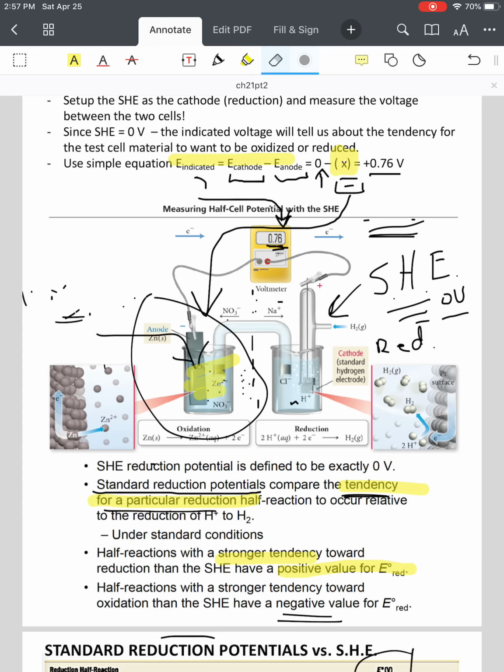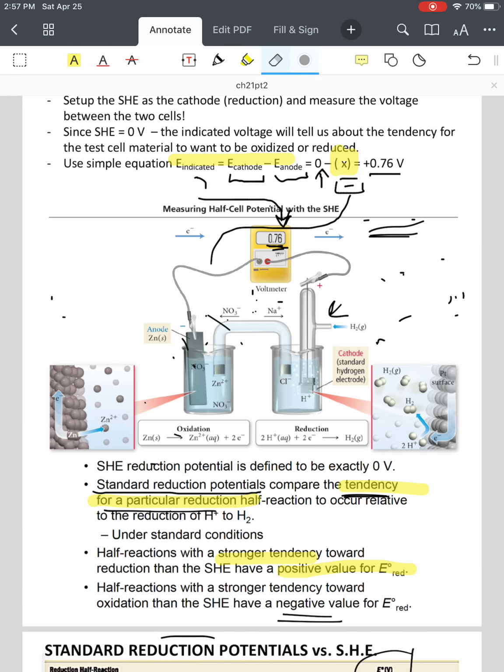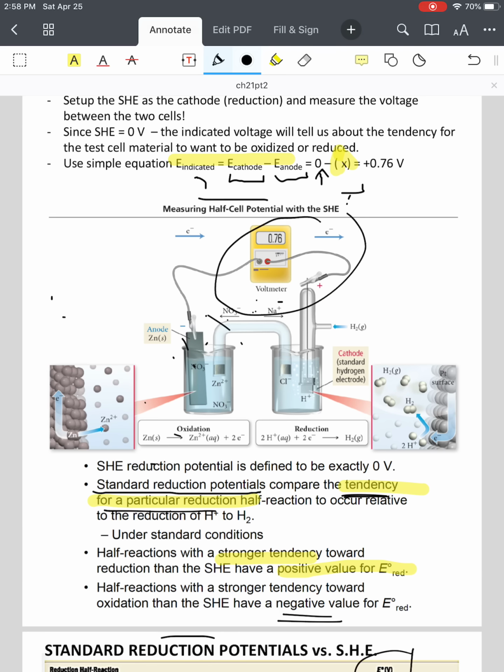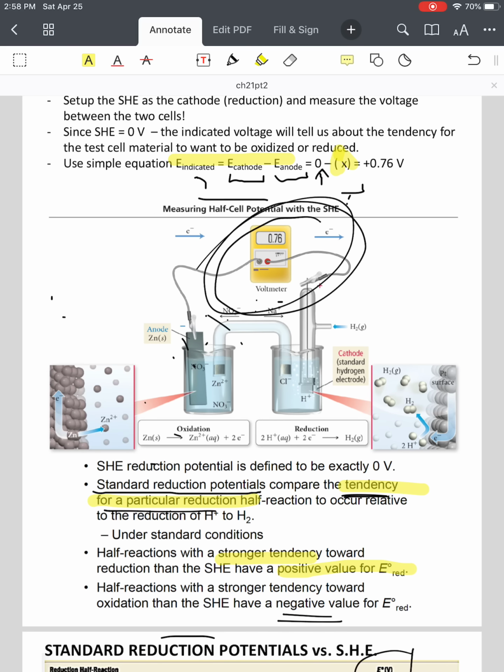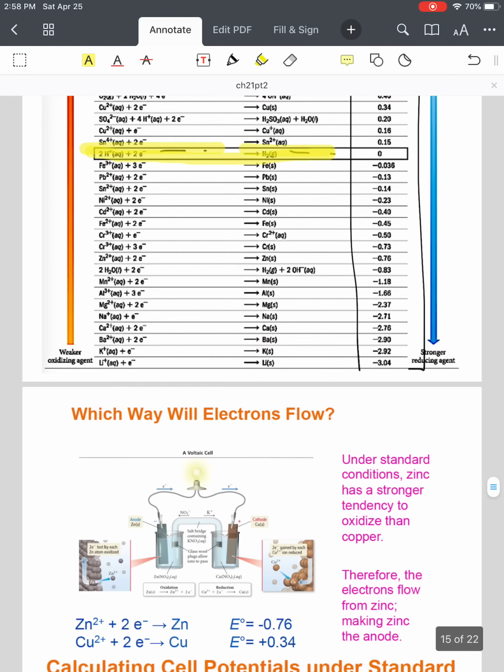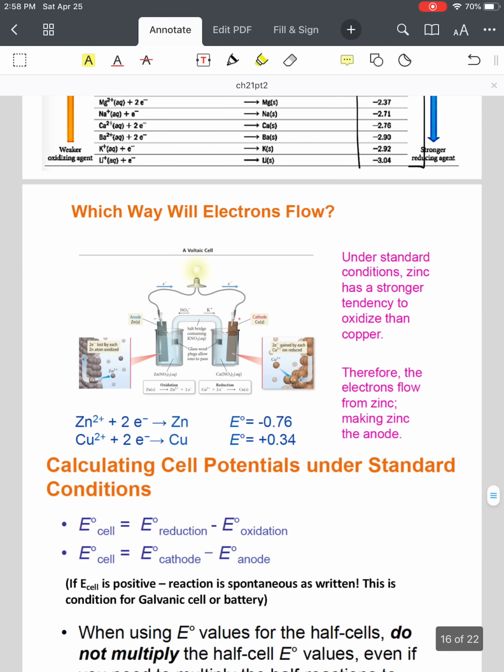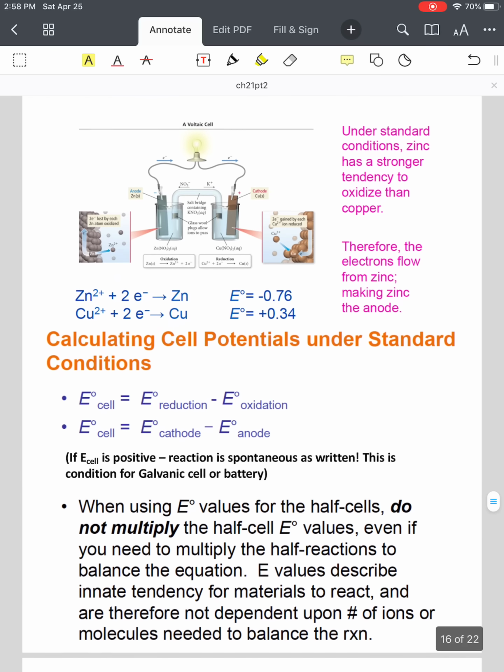And I don't have to use the SHE and zinc anymore. I can use whatever anode and whatever cathode I want. And guess what? I can come up with actually a pretty simple equation that if I'm operating under standard conditions, I can predict what that voltmeter will read for any cell I want to. And that's kind of going to be where we're going to head next, okay? So let's try to figure out how in the world that we can do that.